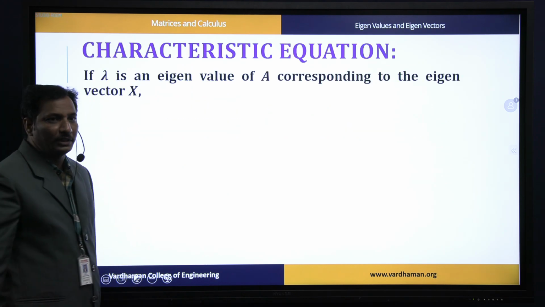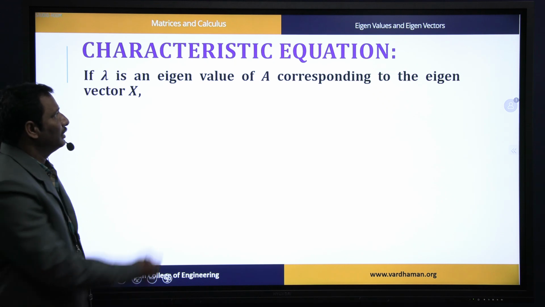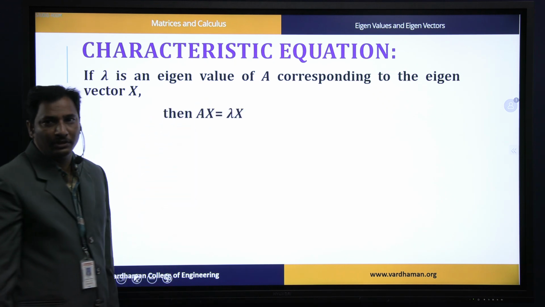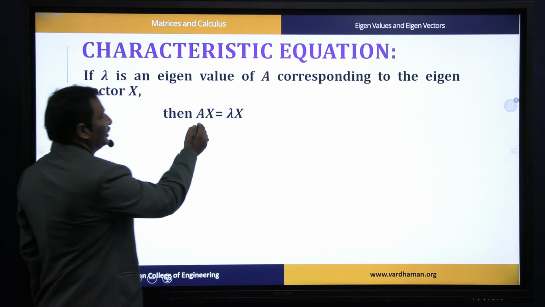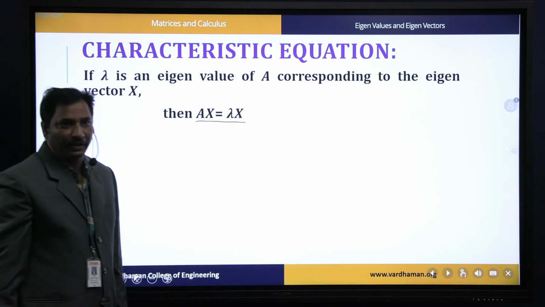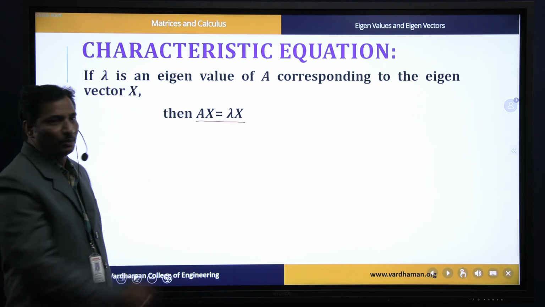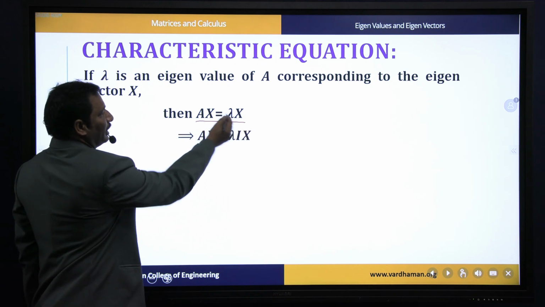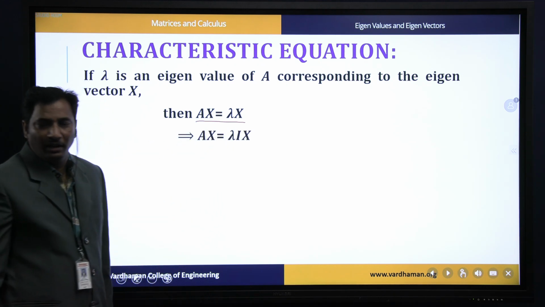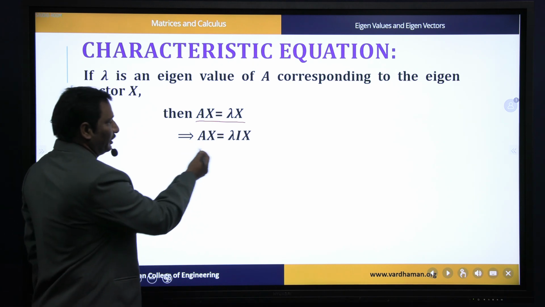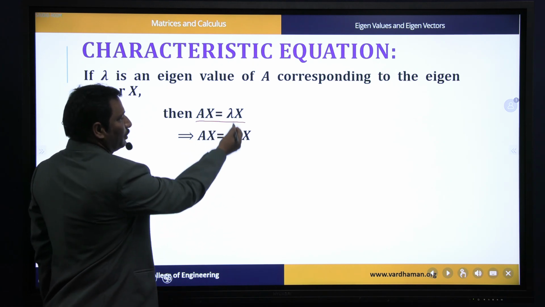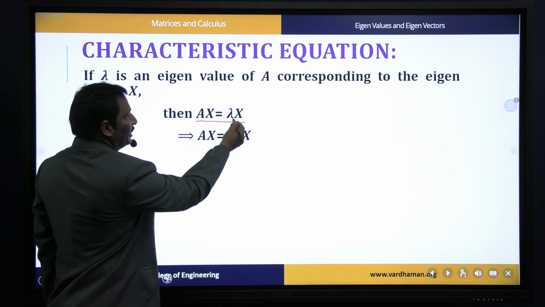Let us define what a characteristic equation is. The characteristic equation is obtained from the definition of the eigenvalue and eigenvector, which is defined as Ax equals lambda x. Here lambda is an eigenvalue and x is a non-zero vector, the eigenvector. So this can be written as Ax equals lambda I x, since we are writing in terms of a matrix.